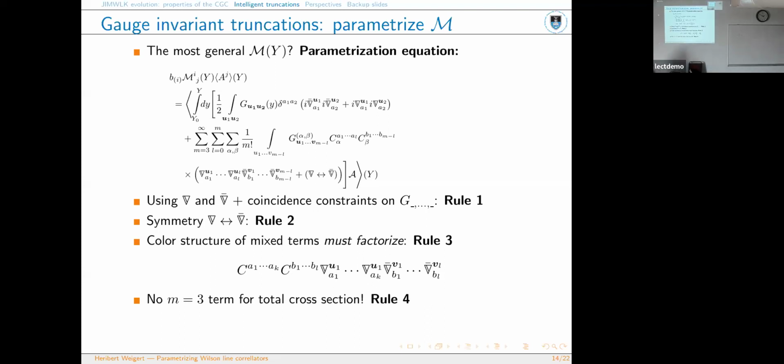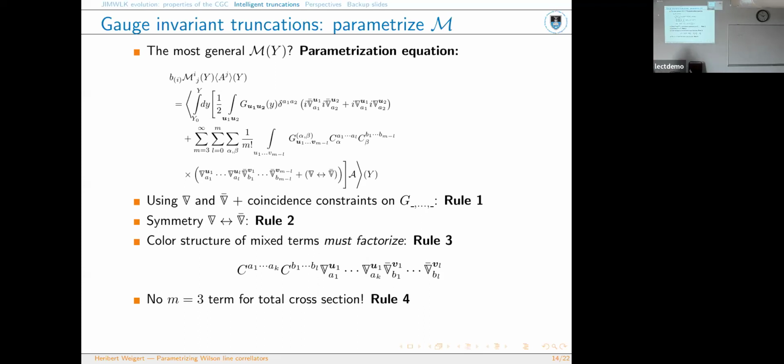And again, gauge invariance, left independent of right: mixed terms with left invariant and right invariant derivatives in them must have color structures that factorize, one for the left, one for the right. Rule 4 in this case says that for the total cross section, there are no 3-point correlators.